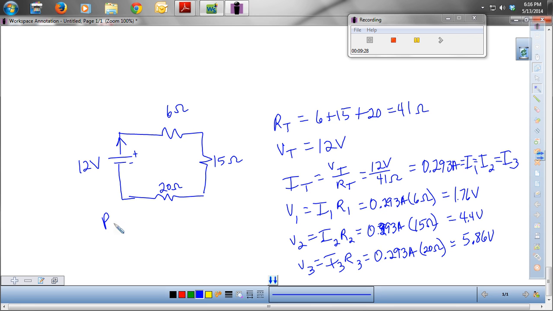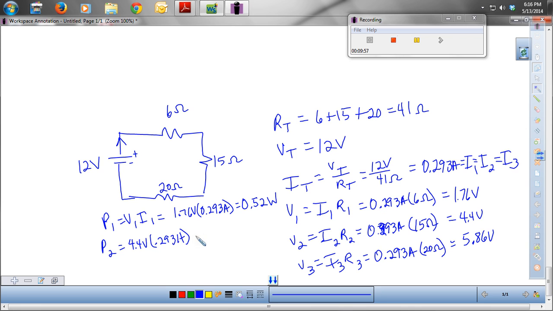Now I need to get power 1. Power 1 is V1I1. V1 was 1.76 times 0.293 amps. So I got the wattage there to be 0.52 watts. And then I did power 2. And I took V2, 4.4 volts, and multiplied it by 0.293 amps.